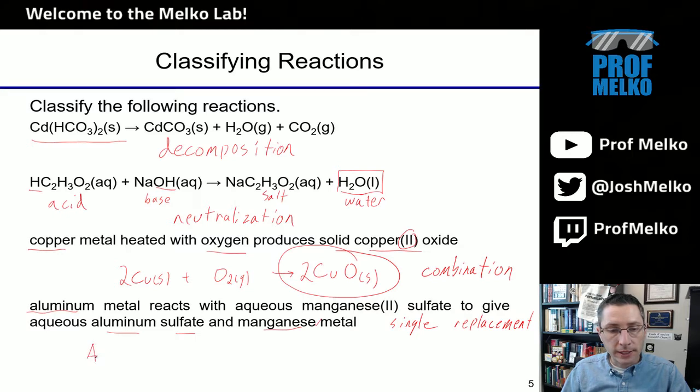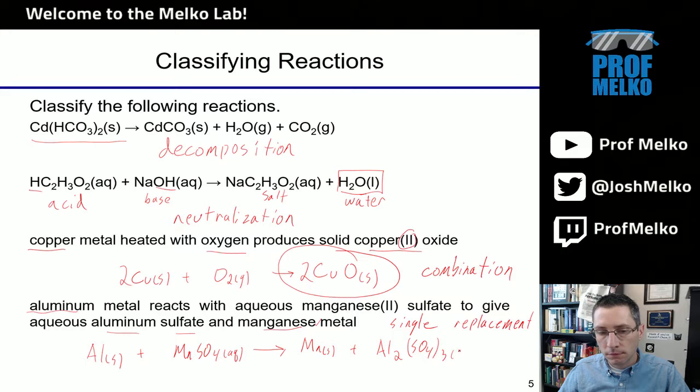If you wanted to write it out, aluminum solid plus manganese sulfate makes manganese solid plus aluminum sulfate. And you can go through and balance this if you really care to. I guess this would be here, here, here, and that should be good.